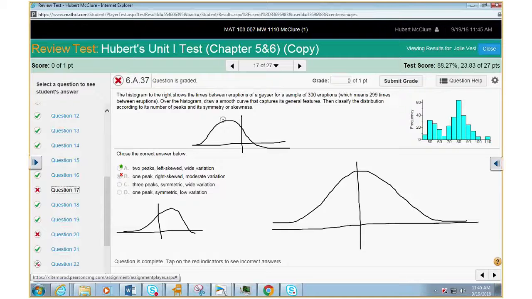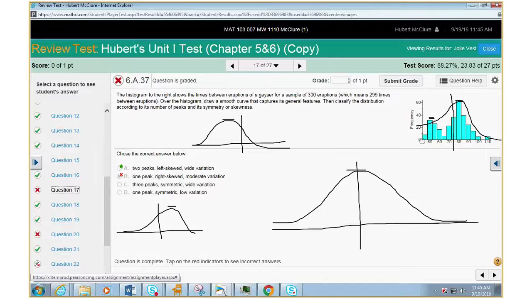Because this is a peak, this is a peak, and this is a peak. You got 2 peaks. You got one little peak right here, and you got another big peak right here. So what I tell students to do is draw a line. And somewhere around center is right about here. Okay?